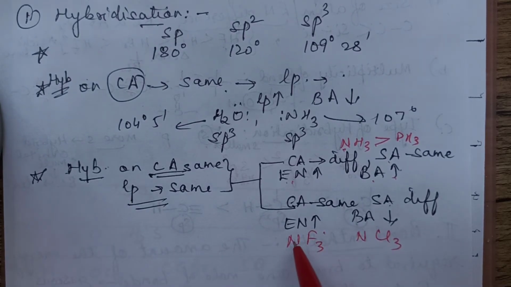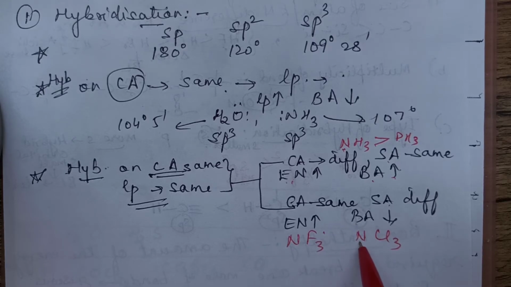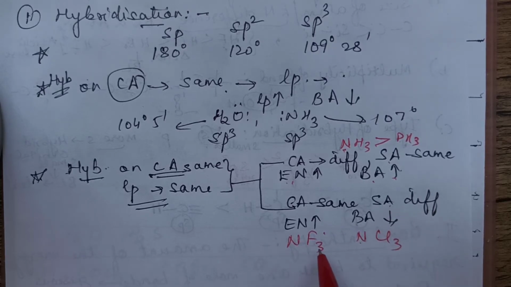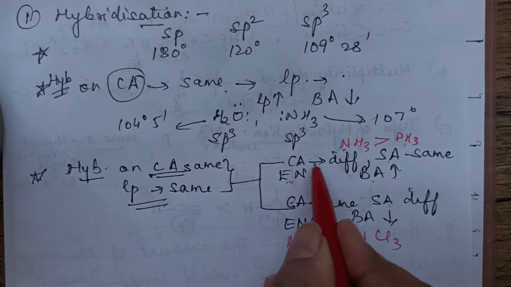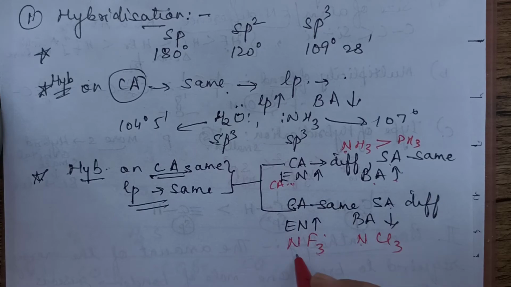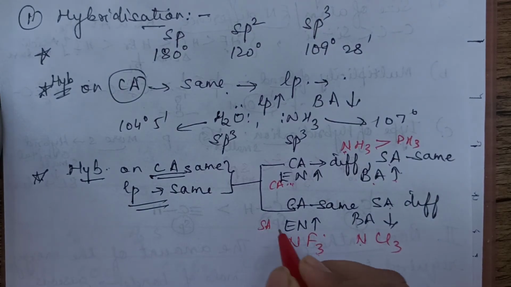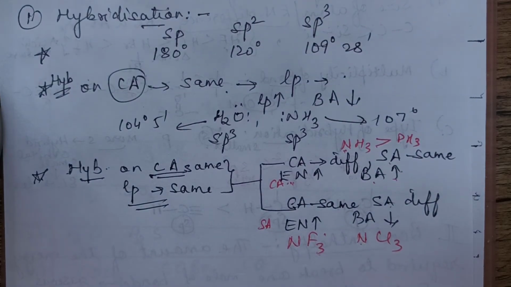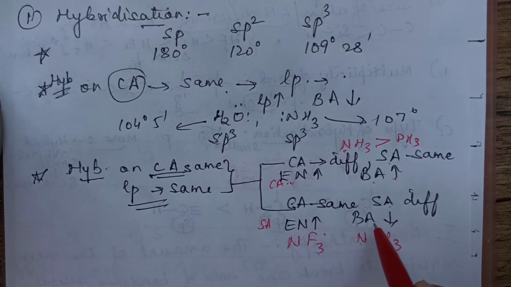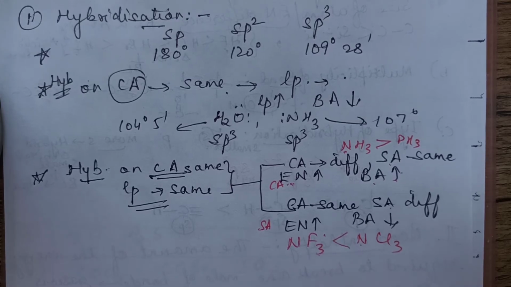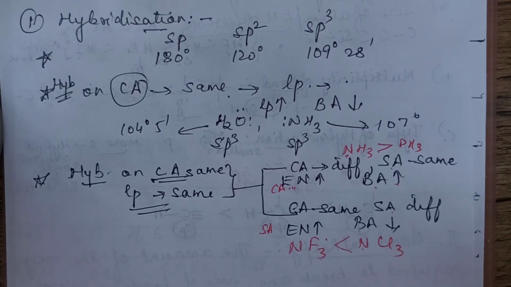Hybridization is the same, the central atom is the same in both, the surrounding is different. In the earlier case we checked the electronegativity of the central atom. Here we are checking the electronegativity of the surrounding atom, since that is what is different. So what are we saying? The more the electronegativity, the less the bond angle. So this will have a smaller bond angle than the other one.